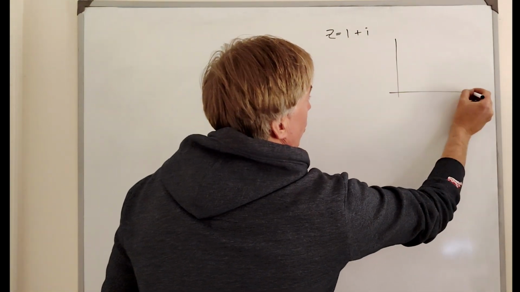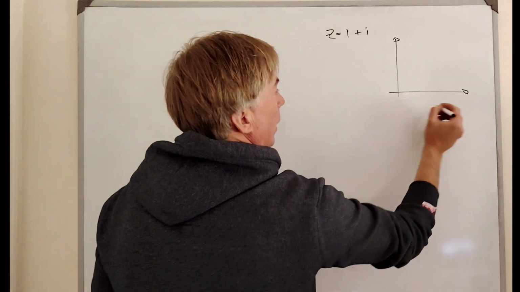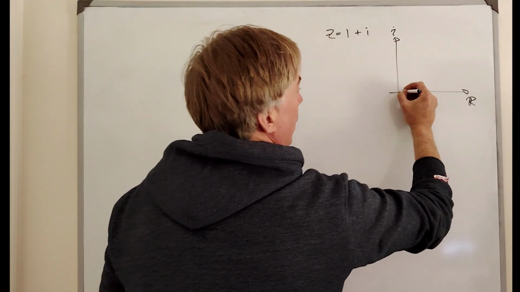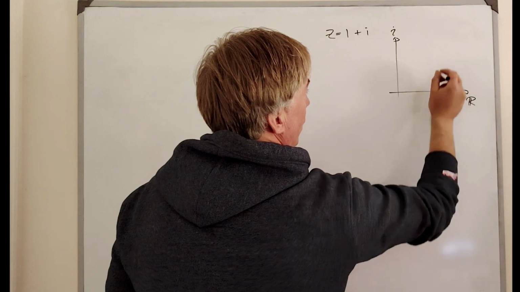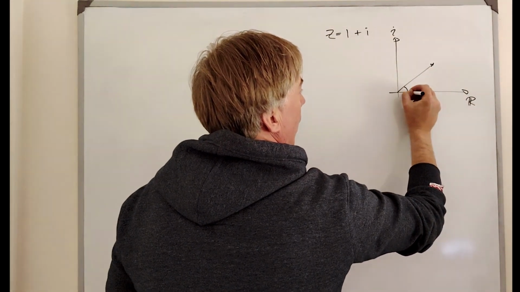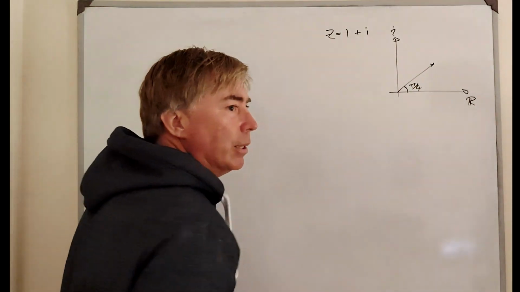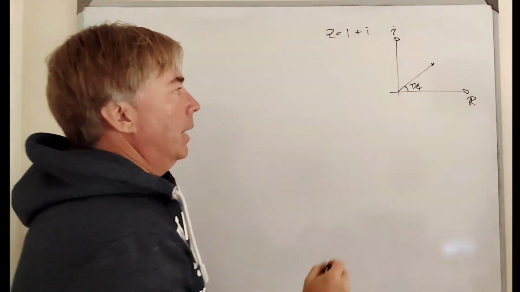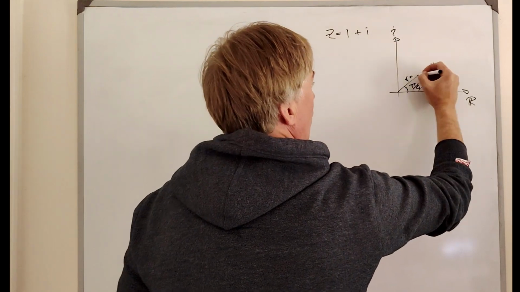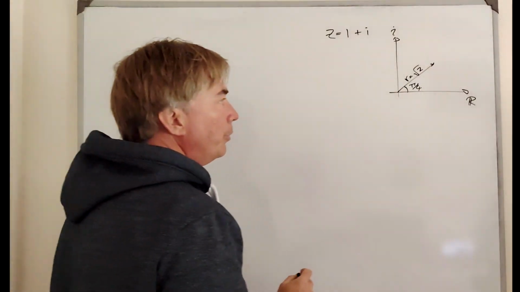So if I were to sketch this on my real imaginary axes, I know it would be one along in the real and one up in the imaginary, and I'd end up with pi by 4 as my argument, and my modulus is going to be equal to 1 squared plus 1 squared rooted, so root 2.